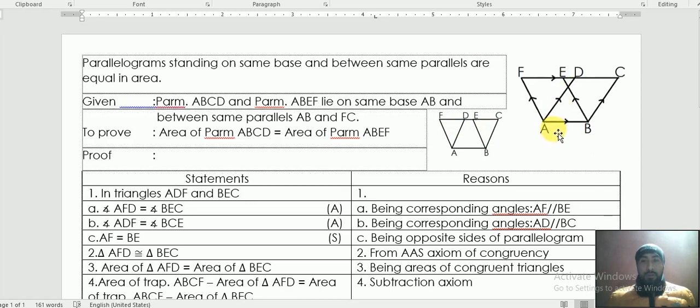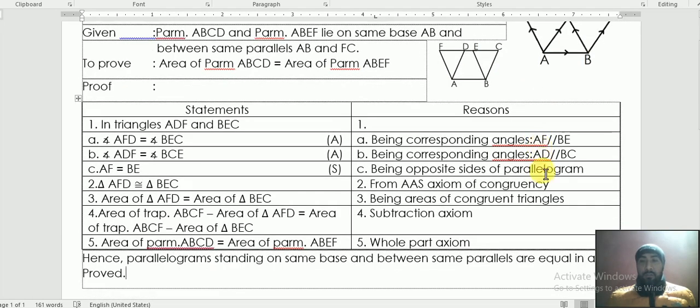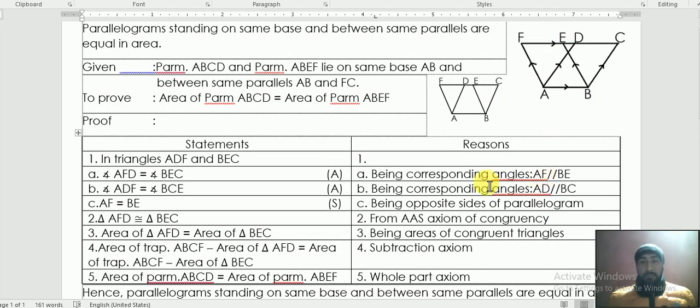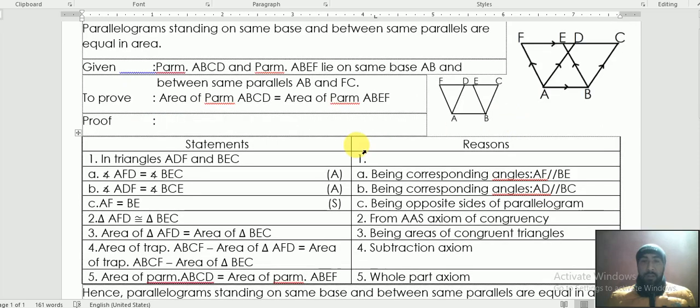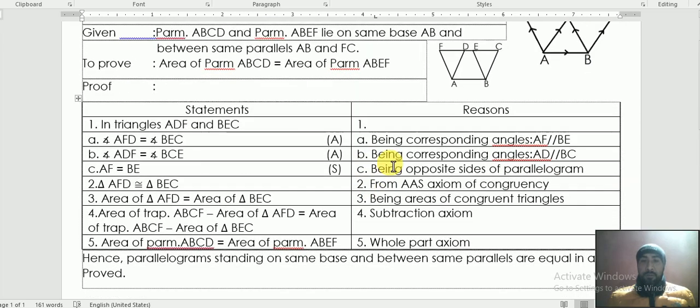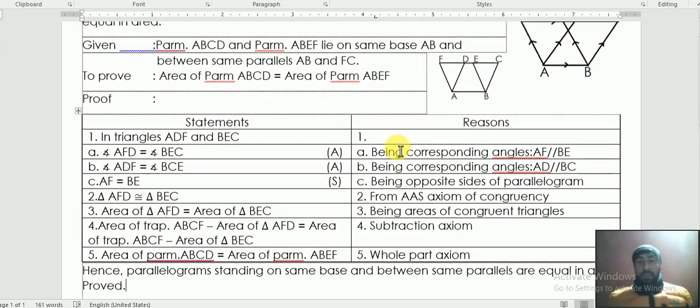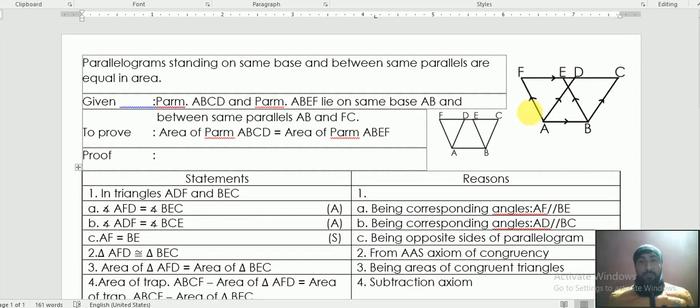All the processes are similar, no need to change anything. Just change these two names only. In place of E you put D, and the remaining will be the same. In this way you can do this overlapped figure in an easier way.